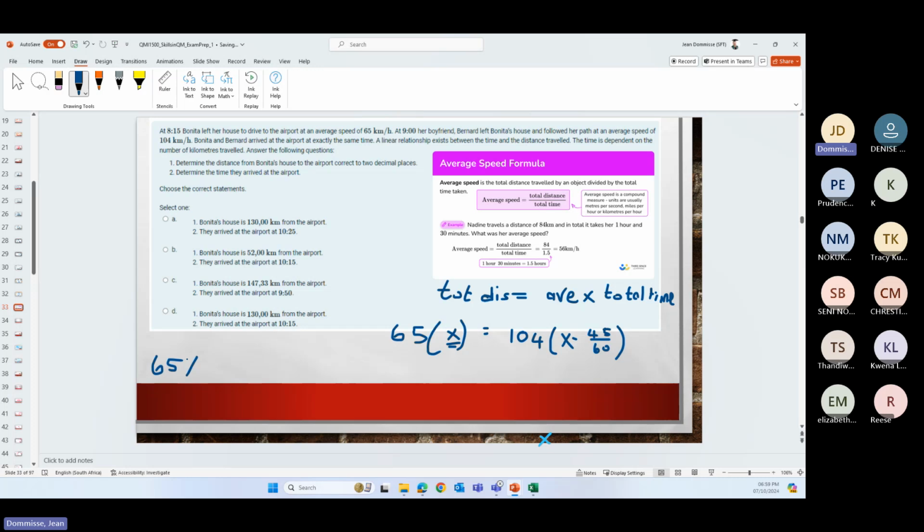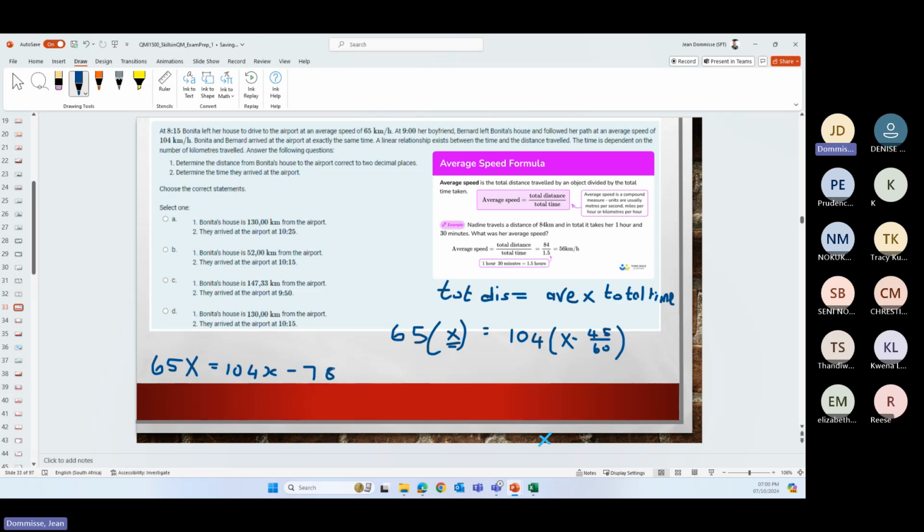We've got 65x that is equal to 104x minus 104 times, let's quickly see, times 45 divided by 60, which is actually minus 78.